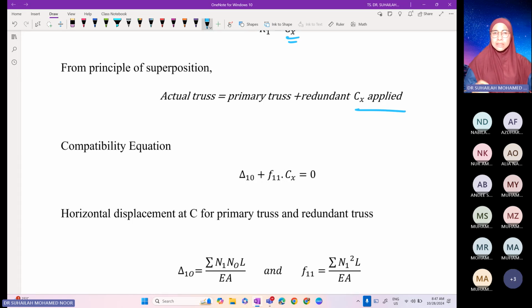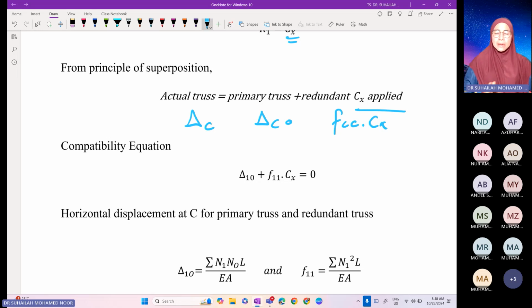So directly, once we have written the equation based on the principle of superposition, we understand that we determine displacement. Displacement in actual thrust, delta C. Displacement in primary thrust, delta C naught, and displacement in redundant thrust is FCC kali CX.